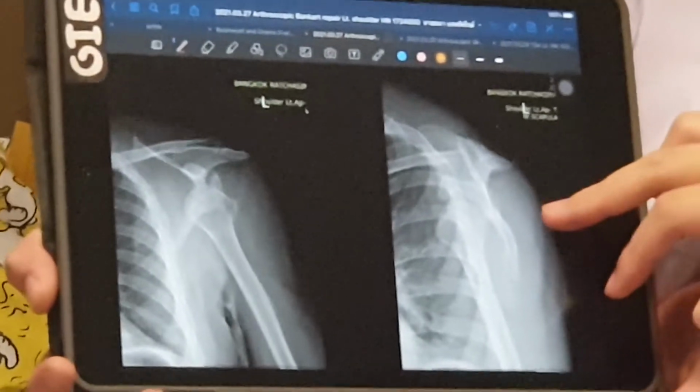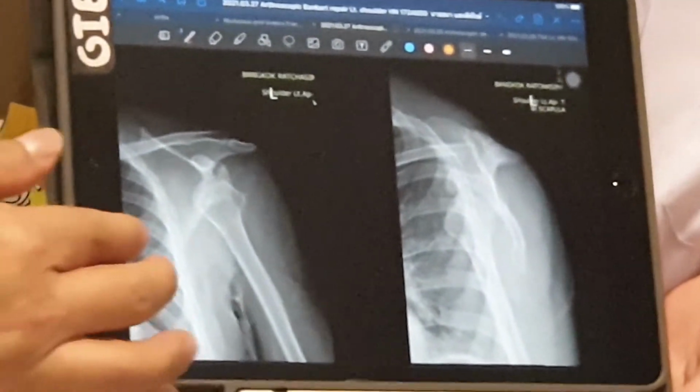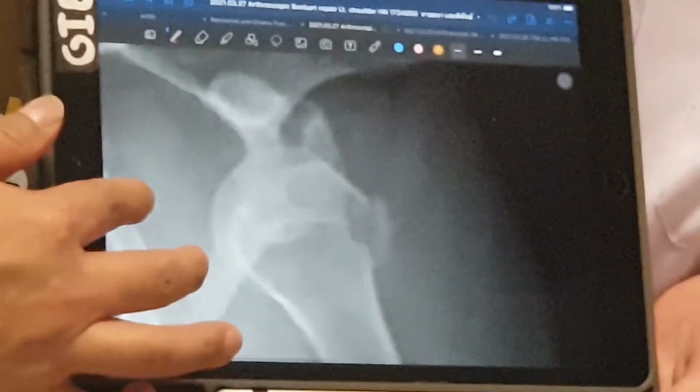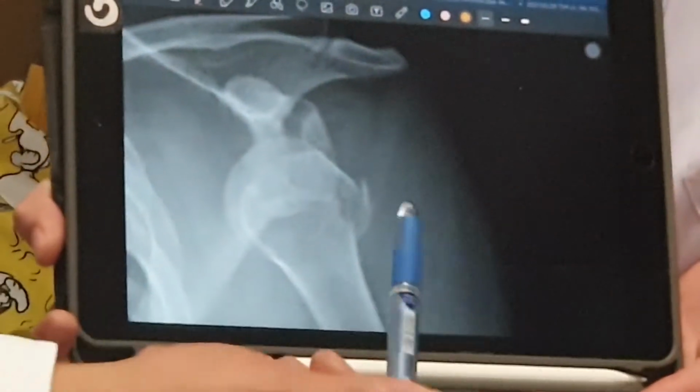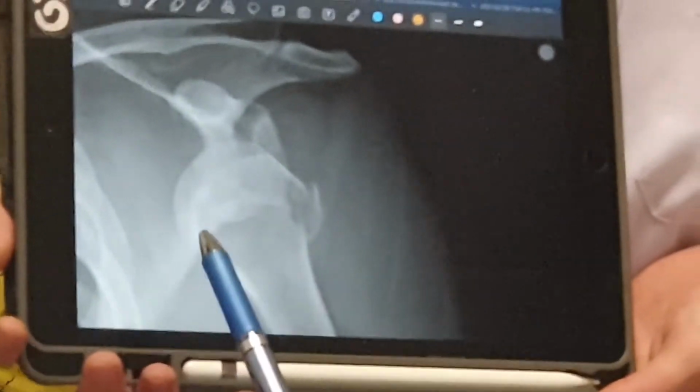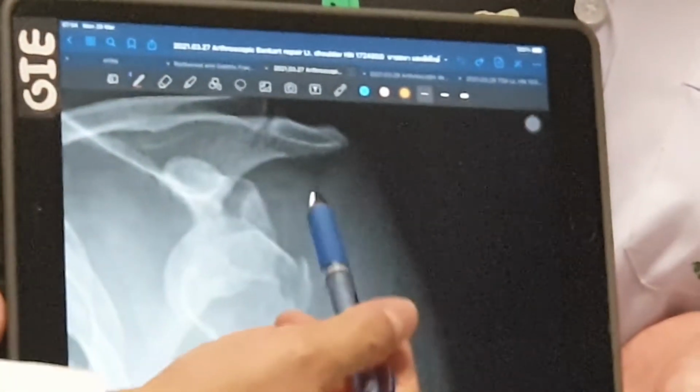But anyway, if you look at the position, sometimes you can tell this is anterior, because in most anterior dislocations the humeral head will displace anteroinferiorly. It is never anterior only, it is anteroinferior.